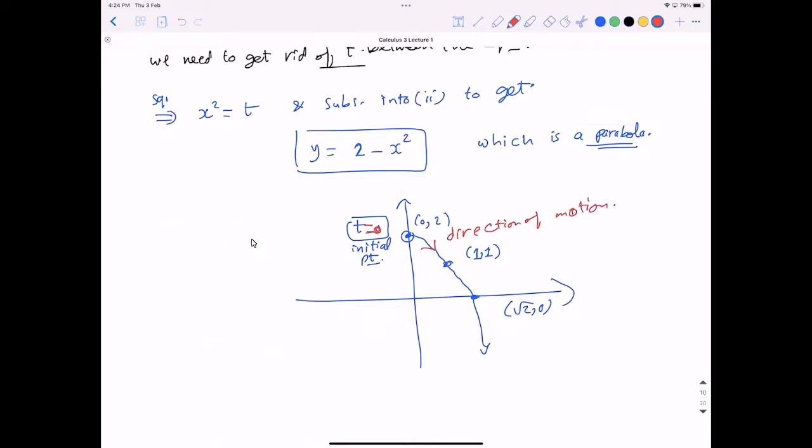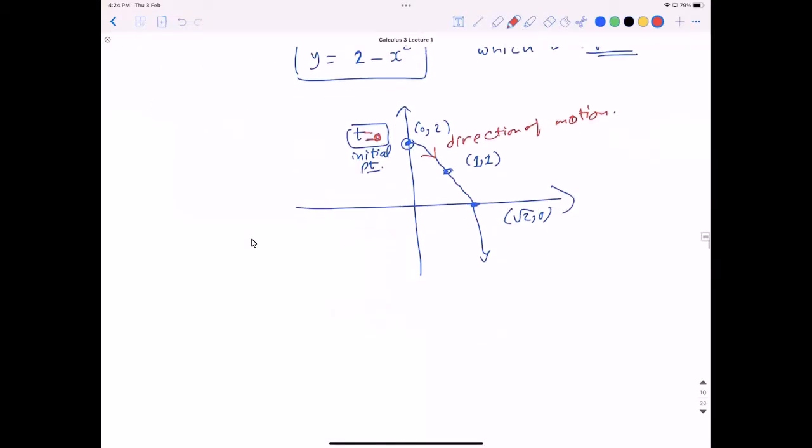And so on. This may be a projectile or a missile or this stuff. Our question was to draw the position vector when t equals 1. This is when t equals 1. The position vector was here. This is r at 1.